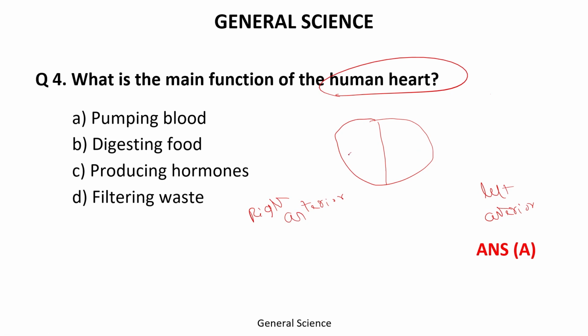The upper parts are known as the auricles. The lower parts are basically known as the ventricles.